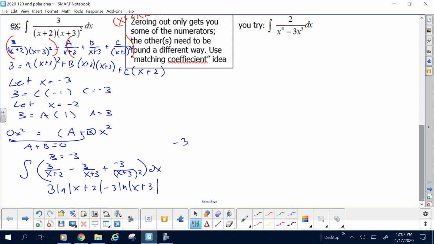And I doubt I would actually take the time to write this, but wouldn't you agree that if I wrote that with an exponent so I could use the power rule, it's x plus 3 to the negative second. And by the power rule, I'd raise the power and divide by the new power. So what's the antiderivative of that?